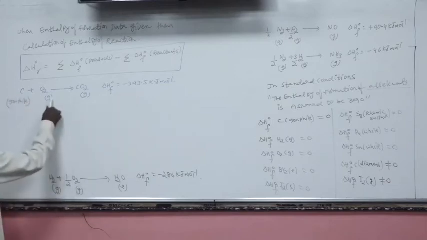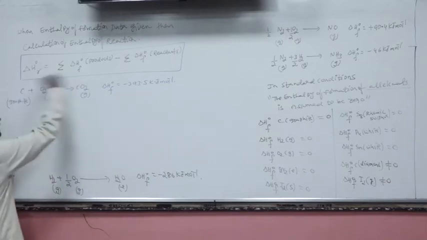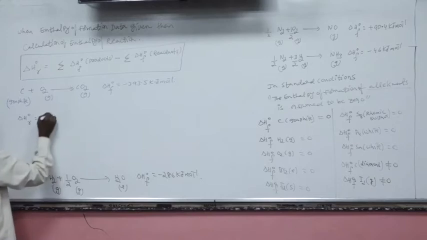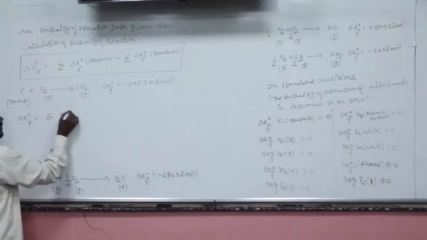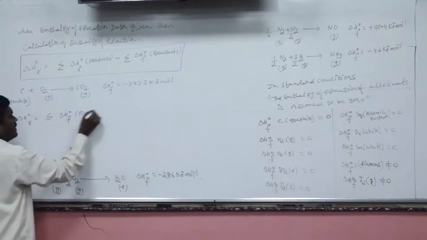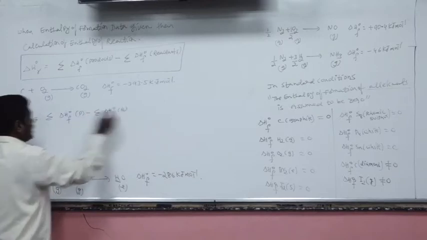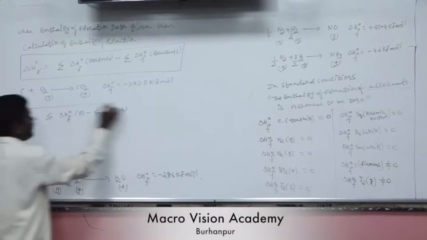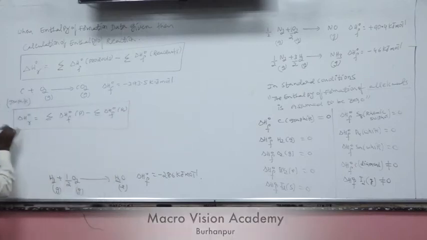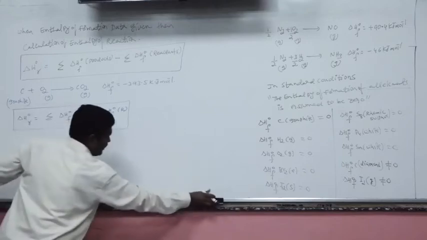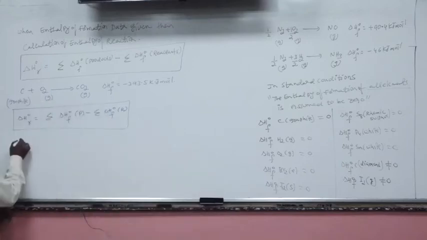Now, in this reaction, if I want to calculate the enthalpy of reaction in the standard condition, this is the formula: sigma enthalpy of formation of products minus sigma enthalpy of formation of the reactants. Isn't it? Now here, the enthalpy of the reaction in the standard condition.